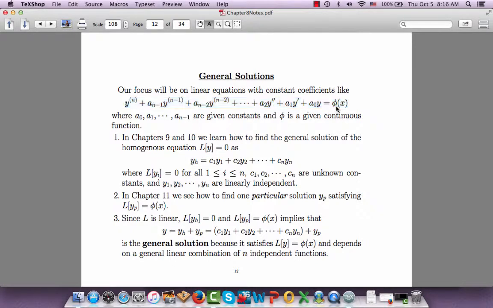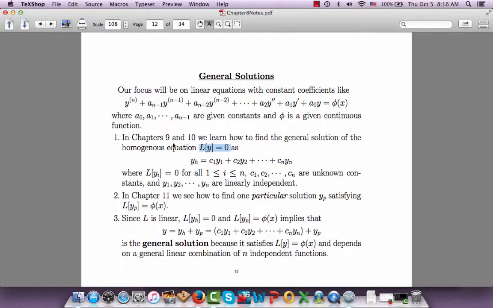We're going to ignore this phi of x and put a 0 there. So we're going to consider the easier homogeneous equation. This is what chapters 9 and 10 tell you about, and it's very easy. These are very easy to solve. All you have to know how to do is basically find roots of polynomial equations, numerical equations. So these are actually very easy to solve.